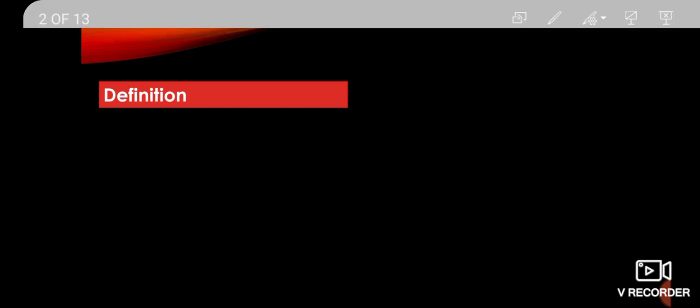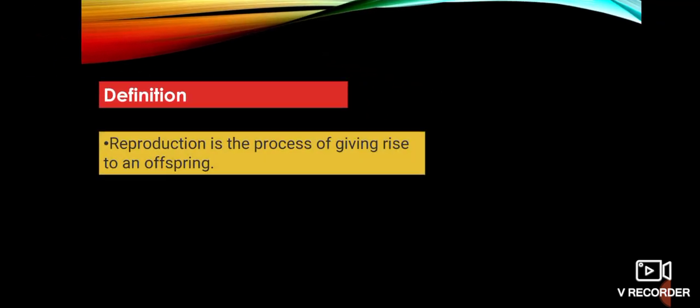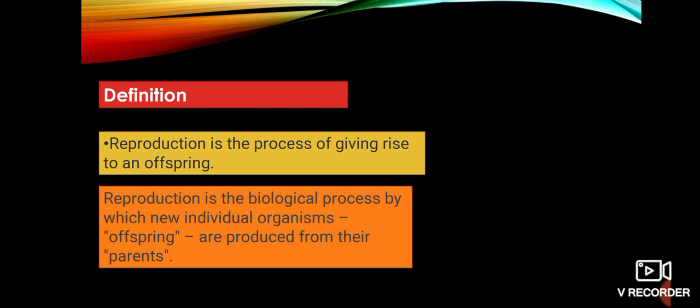Okay, so first of all, we will learn about the definition of reproduction, dear students. The definition is that reproduction is the process of giving rise to an offspring.